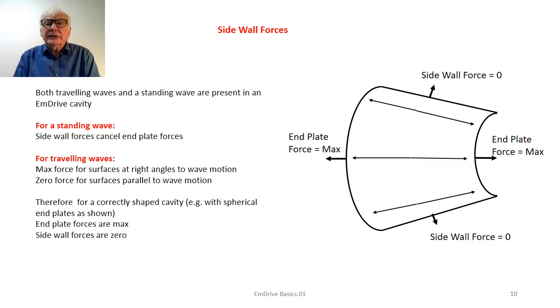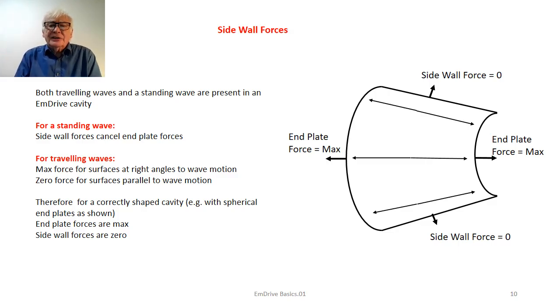And if you look at this particular cavity, which is a correctly designed cavity with curved end plates, you will see that the wavefront travelling close to the side wall is in fact travelling parallel to the side wall, and thus will produce no force.